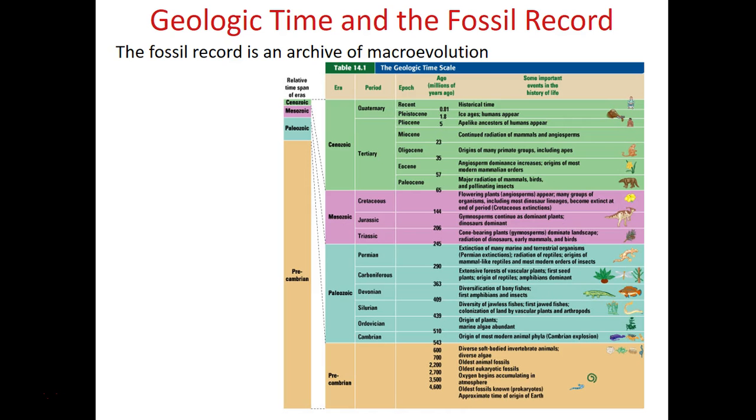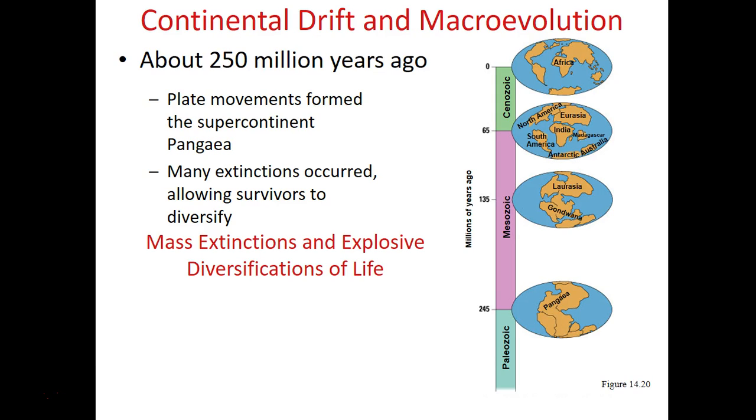And the fossil record is really helpful. It's an archive for us of macroevolution, and we can actually time the evolution of new groups to when continental plates separated and moved apart. The geologic record is extraordinarily helpful for helping to reconstruct the history of the diversity of life forms.